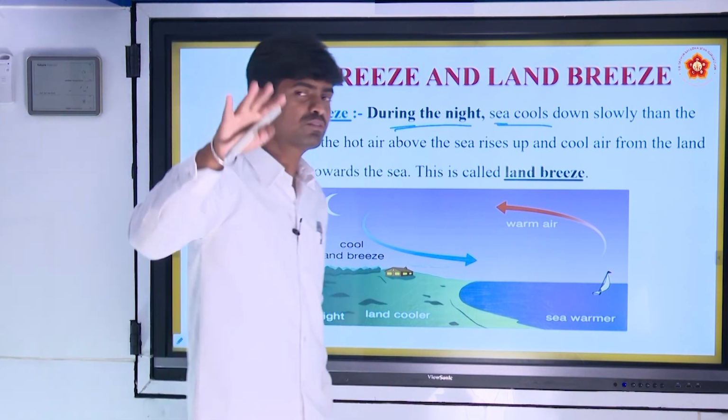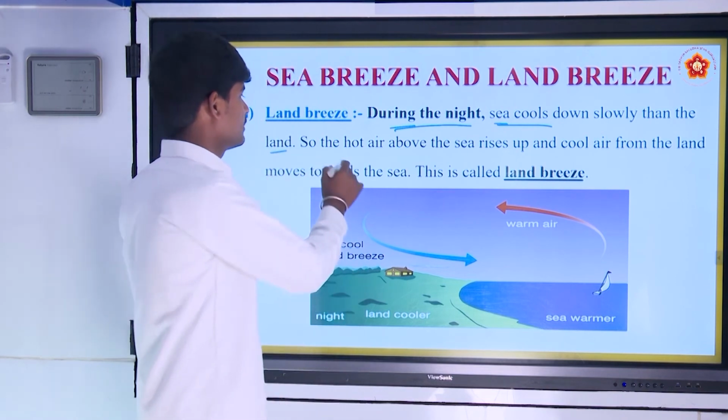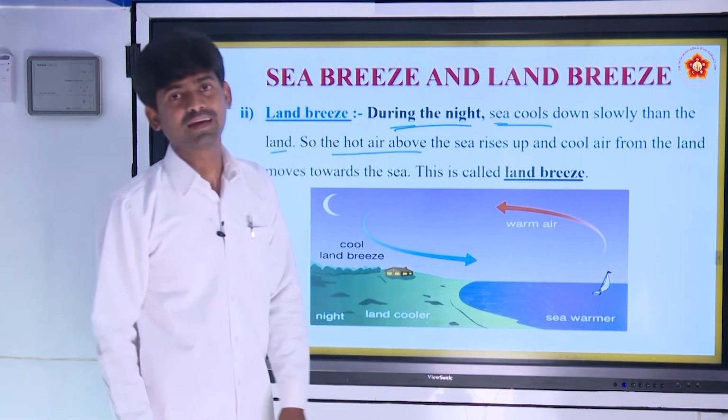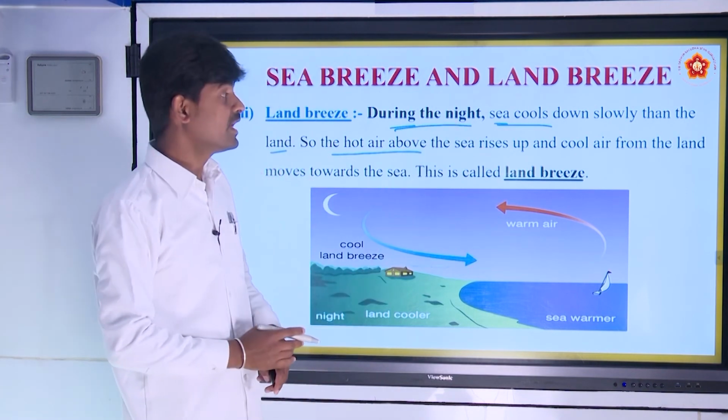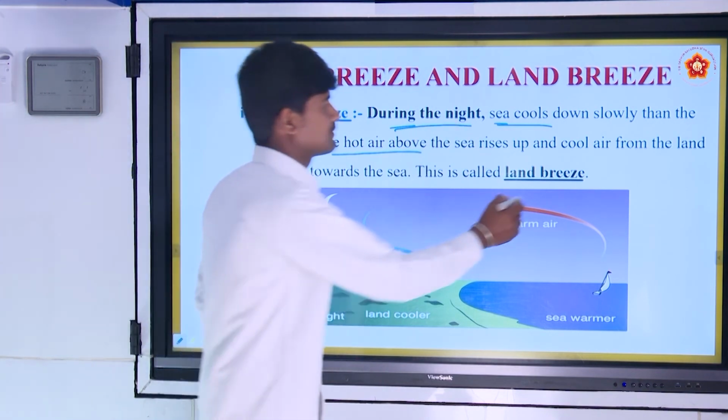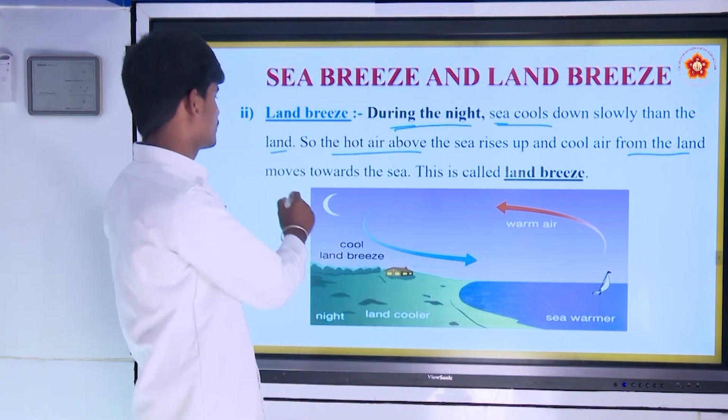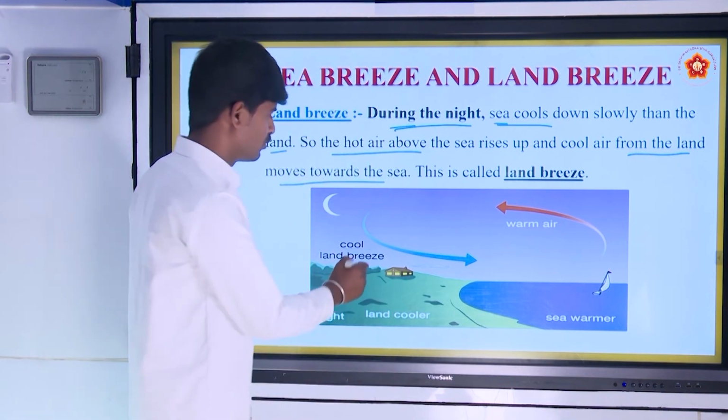When you visit any beaches at night time, you can observe that the sea cools down slowly compared to the land. So the hot air above the sea rises up, and the cool air from the land moves towards the sea.